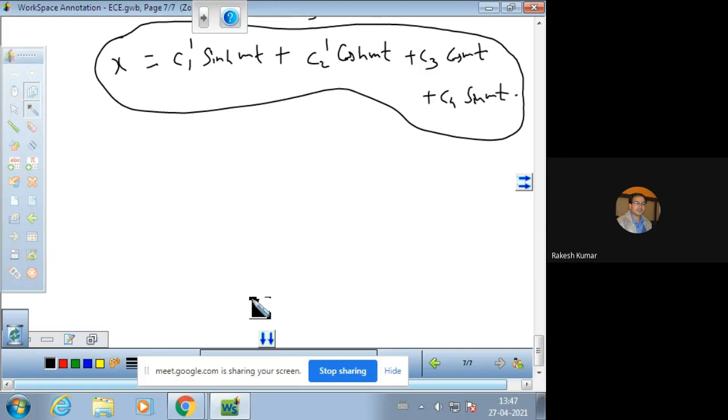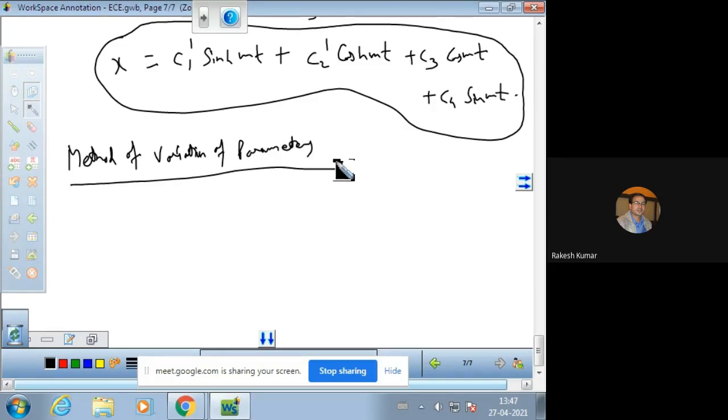Now we have to do the method of variation of parameters. This method is applicable for finding the solution of a non-homogeneous differential equation.